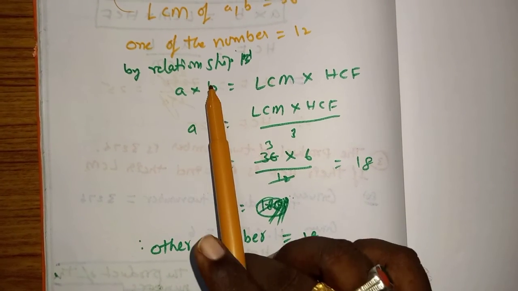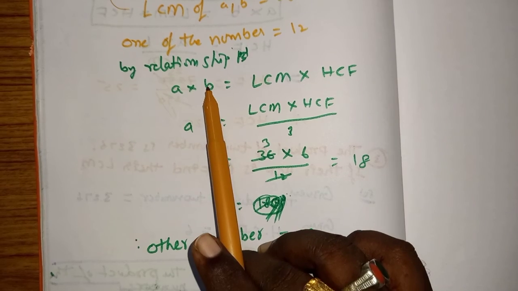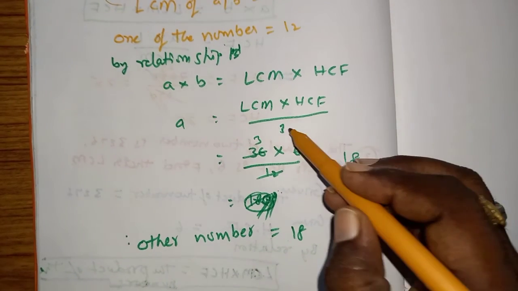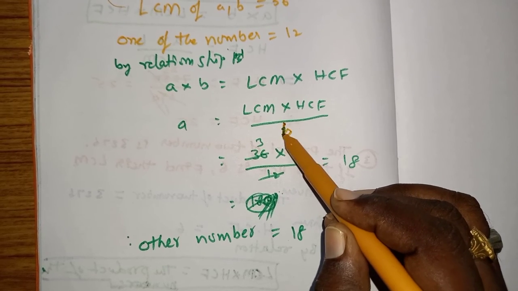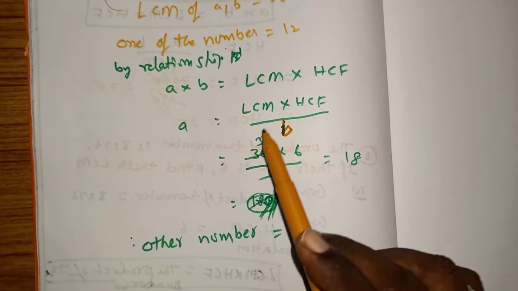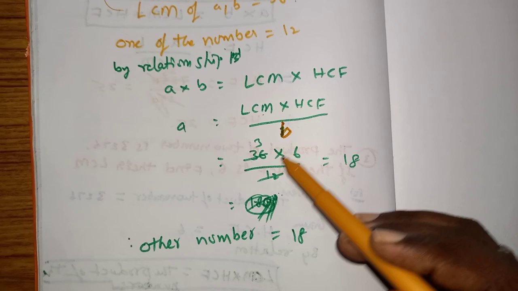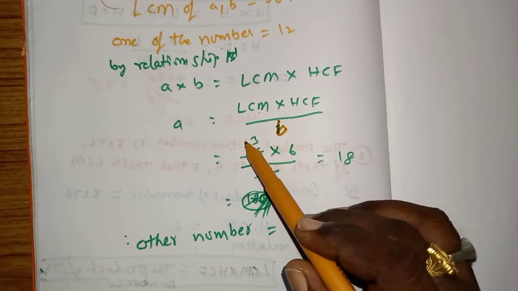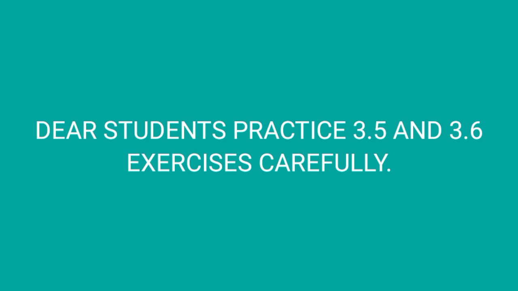Now suppose B is 12, then we need to find A. By transposing B to the right-hand side, A is LCM into HCF by B. Now LCM is equal to 36, HCF equal to 6 and B is equal to 12. 12 ones are 12 and 12 threes are 36. Now 3 sixes are 18. The other number is 18. Dear students, practice exercises 3.5 and 3.6 carefully.